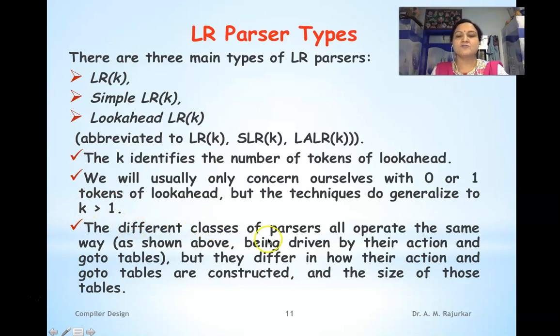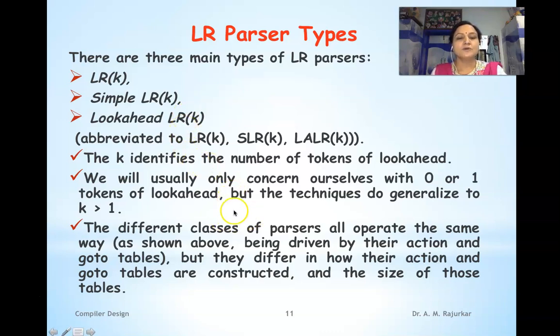Now the different classes of parsers all operate the same way. LR(k), SLR(k) and LALR(k) all operate in the same way because they are all shift-reduce parsers. They are going to take the decision either to shift from the input buffer to the stack, or to reduce the handle available on top of the stack, or accept if the input string is accepted, or if it is not accepted there will be an error.